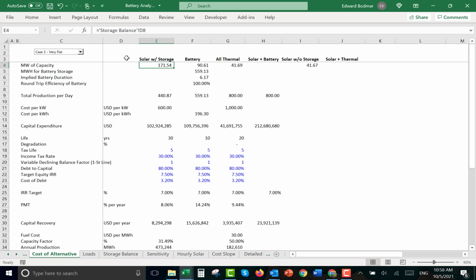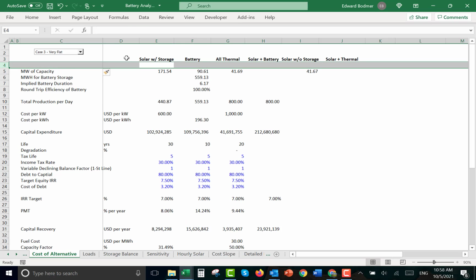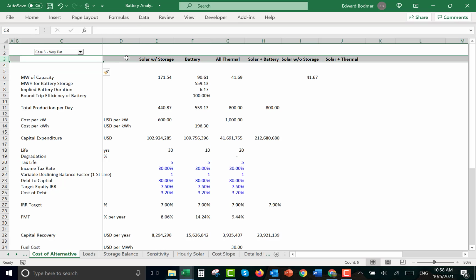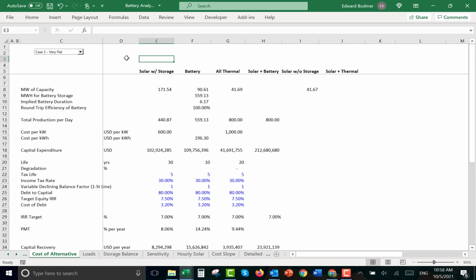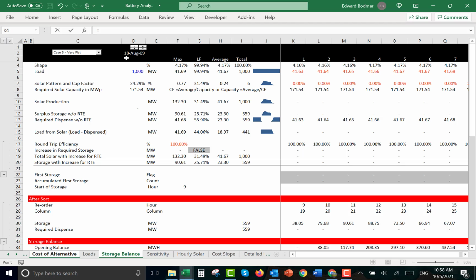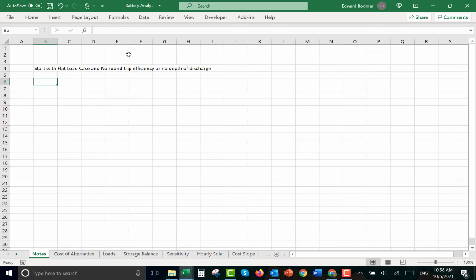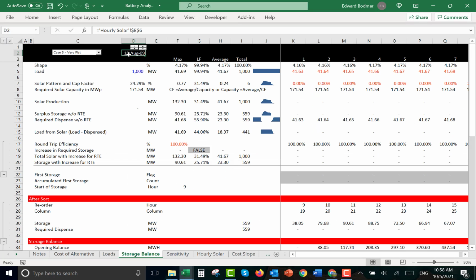So why don't I insert a couple of, what am I doing? Inserting in the wrong place, maybe. We'll put our date for our solar power. And remember, we'll be able to click on these things and copy them.